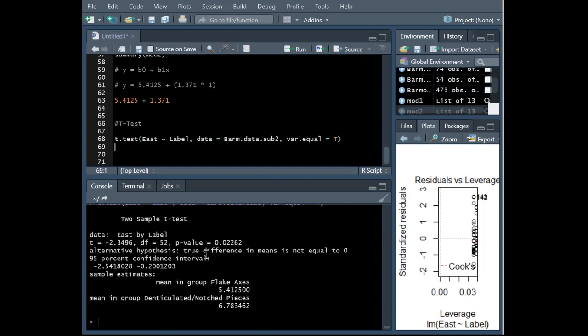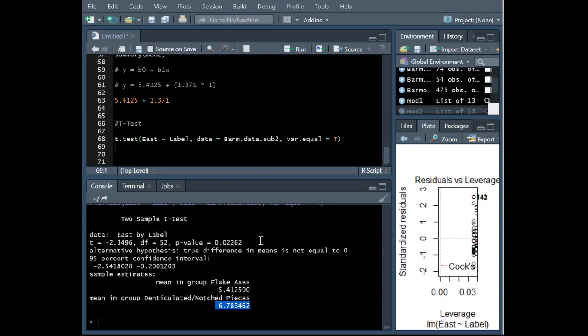This t-test is comparing the mean easting value between these two groups, flake axes and denticulated and notched pieces. The t-test function here includes a calculation of the estimated mean for each of the two groups down here at the bottom, which is very handy.